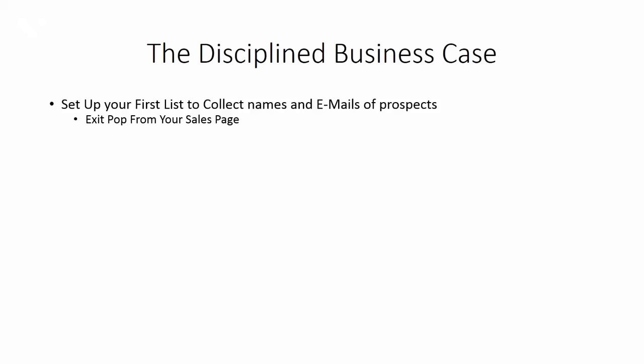So whatever your sales page is, whatever page builder you're using, you have to exit pop people who leave that page into another list. That means you're going to have to make sure you've got an offer that's so awesome that people can't say no to it, something people would be willing to pay for.